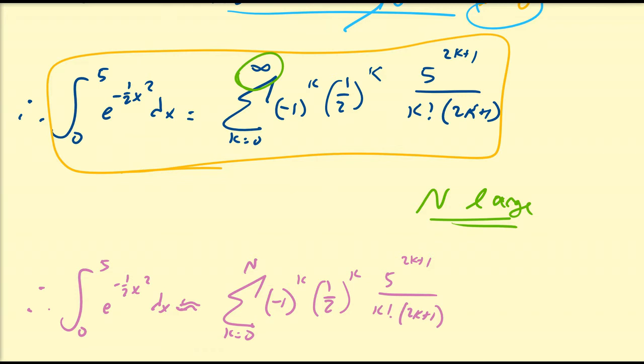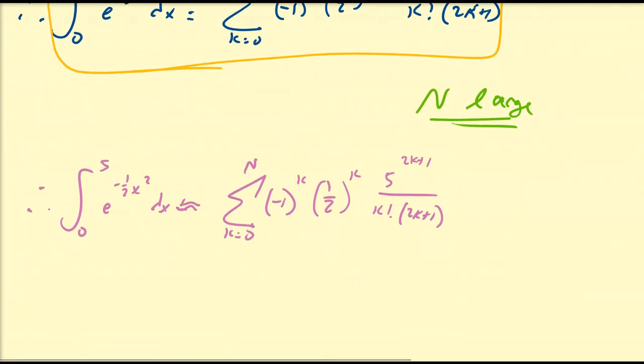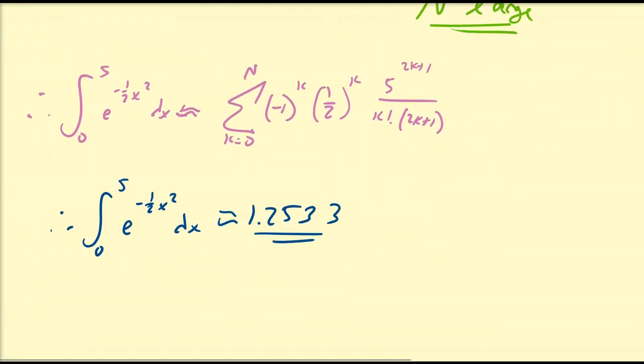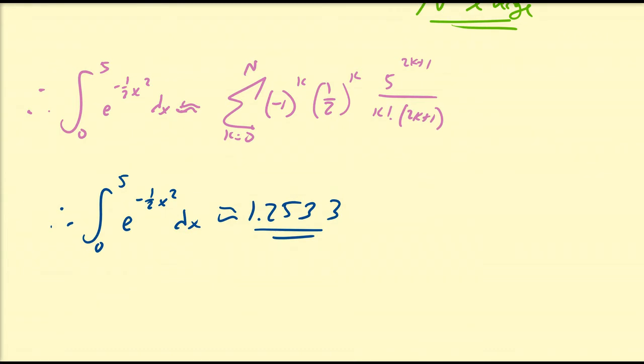If you choose n to be large, then you get the approximation of the integral from 0 to 5 of e to the minus 1/2 x squared dx as approximately 1.2533. And if you're really feeling ambitious, I challenge you to find the exact value of this.